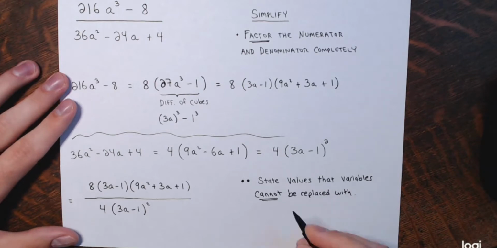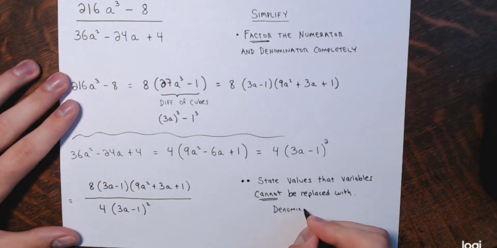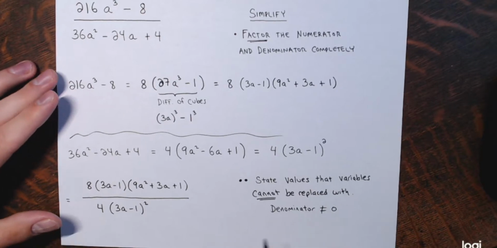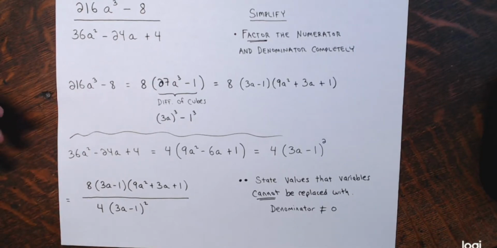So remember, the denominator of a fraction can't be 0. That's huge. Because if the denominator of a fraction is 0, that means you're dividing by 0. Division by 0 is undefined, has no value, meaningless.